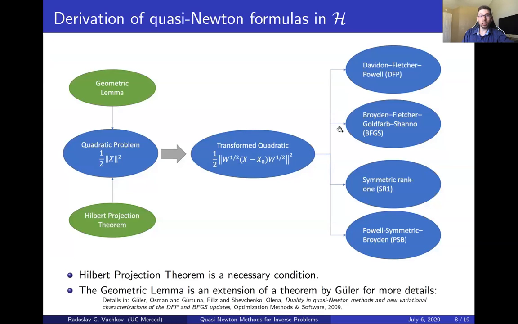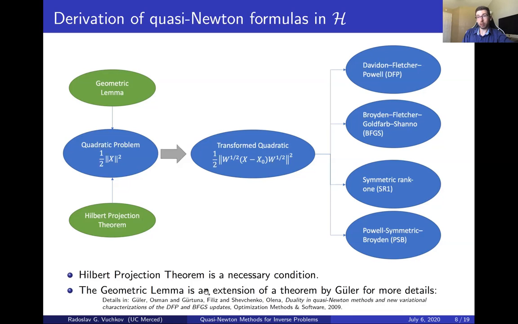I'll give you an idea of our proofs in general, how we arrived at these theorems. We actually solved a much simpler quadratic problem with the secant constraint by using two tools. One is the Hilbert projection theorem, which is a necessary condition. You can think of it as the infinite dimensional version of the KKT conditions. The other is the geometric lemma, which also corresponds to a part of the KKT conditions.